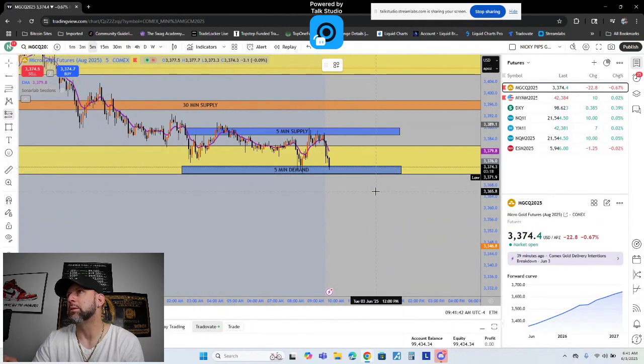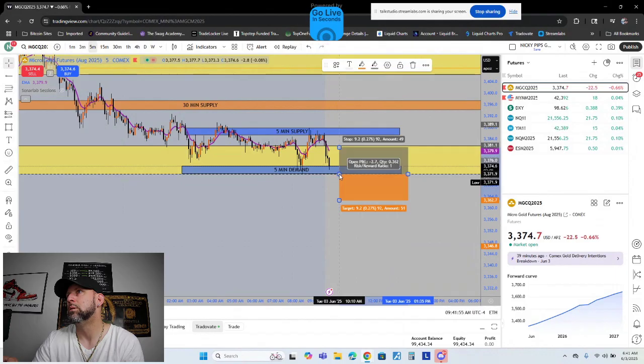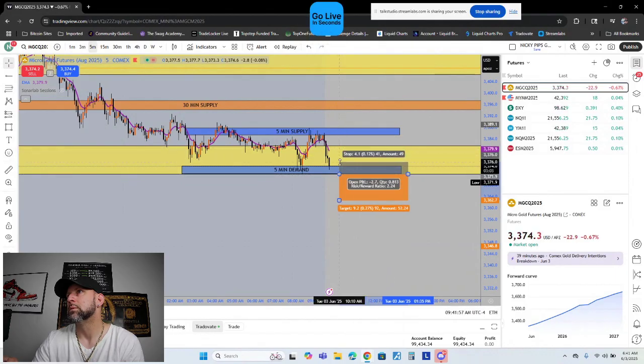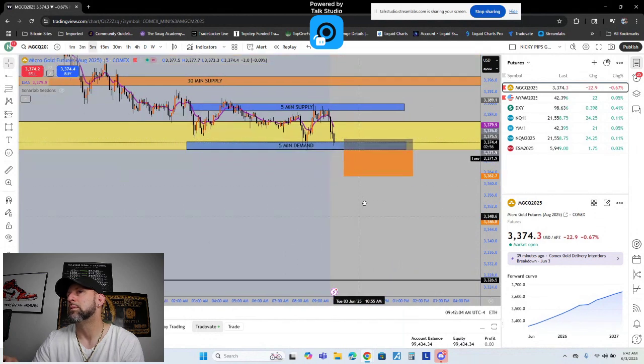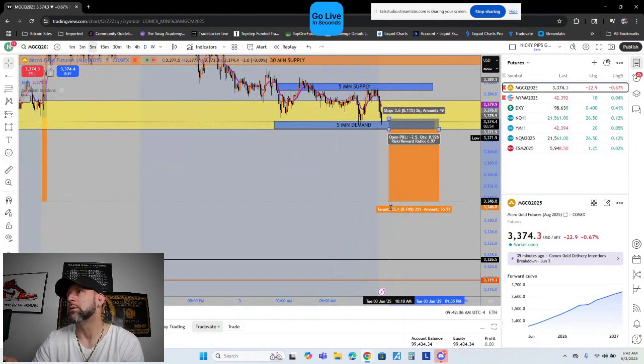We need a clean breakout. If we do, we'll take a short. Stops will probably be about here, and we'll literally target all the way down.